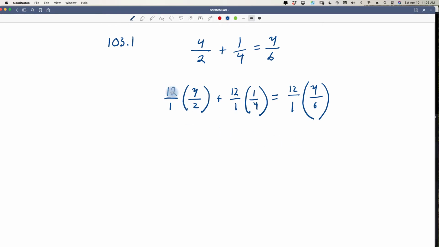And then we're going to multiply this. 12 times y, that's 12y. 12y divided by 2, that gives us 6y, correct? 12 times 1 is 12, 1 times 4 is 4, 12 over 4, 12 divided by 4, that gives us 3, correct? 12y divided by 6, 12 divided by 6, that gives us 2. So 2y is our answer.